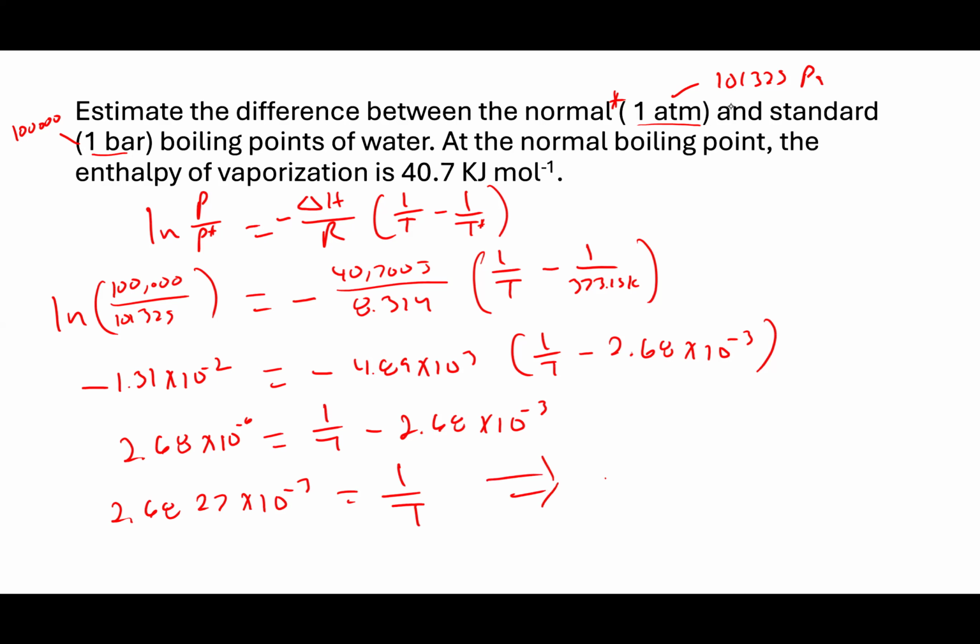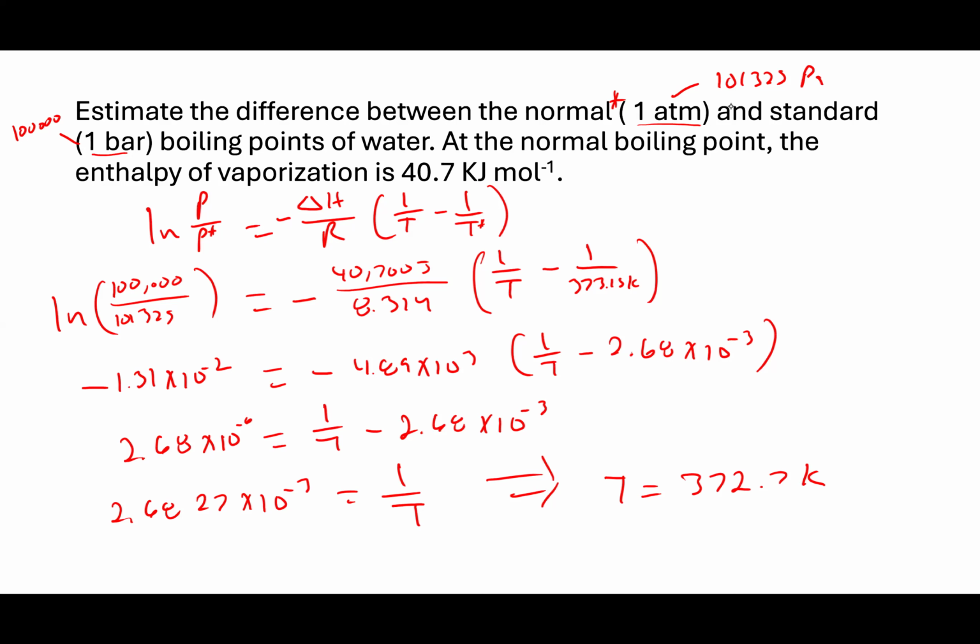If you solve for T, T is going to be equal to 1 over that answer. This is going to be 372.7 Kelvin. So the difference here, we went from 373.15 to 372.7.